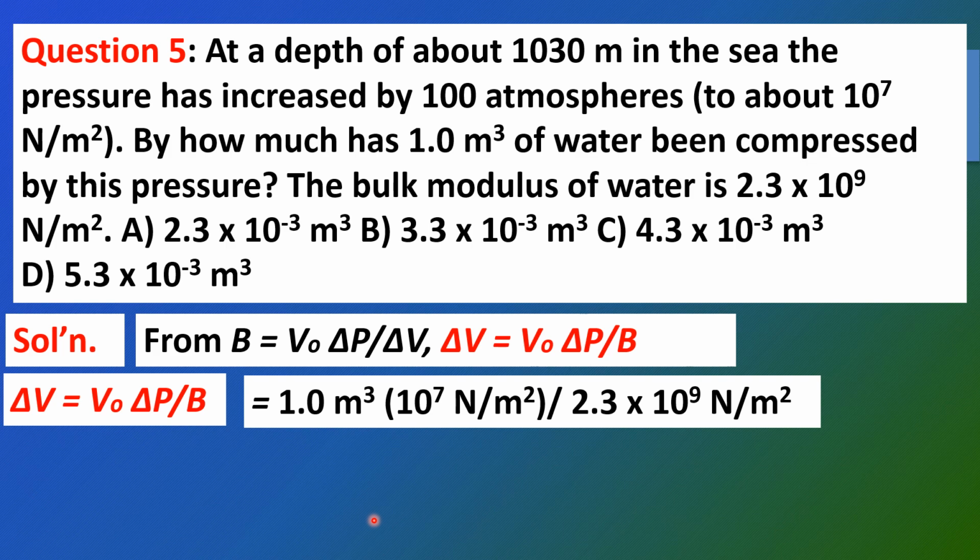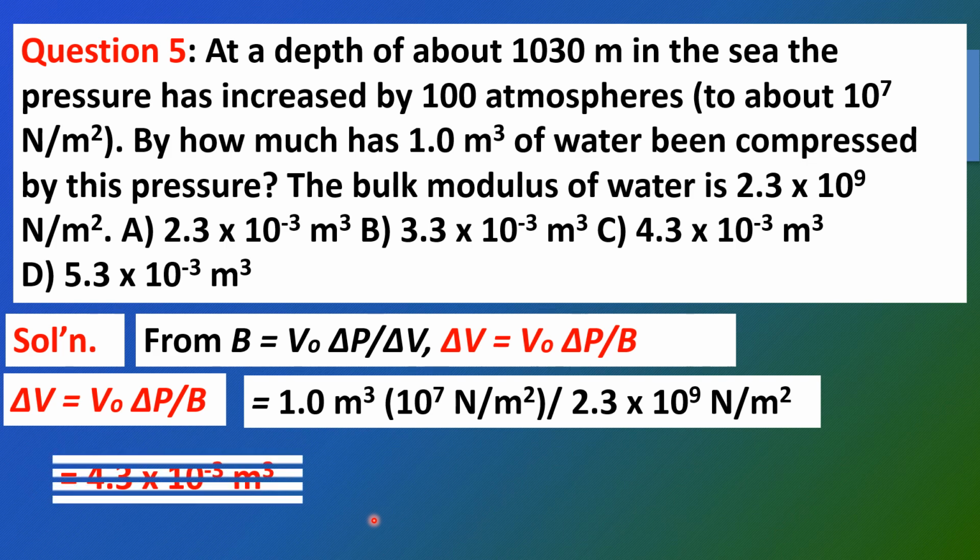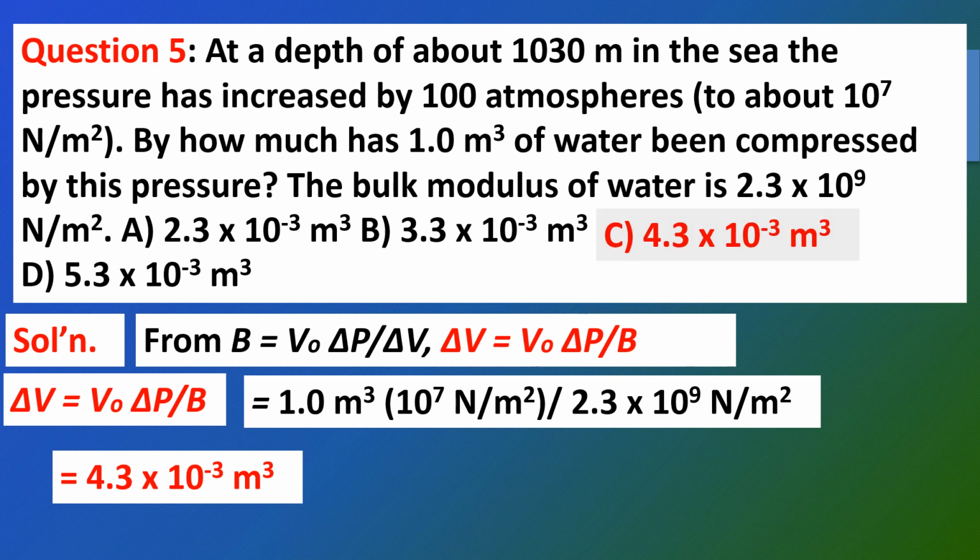Solving for delta V, the change in the volume equals 4.3 times 10 to the negative 3 power cubic meter. In other words, the answer to question number 5 is letter C.